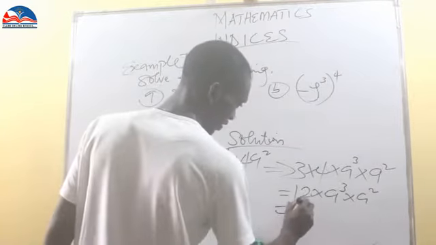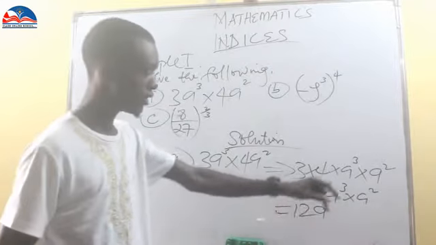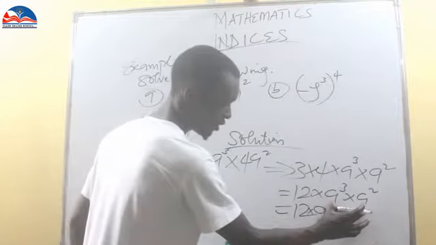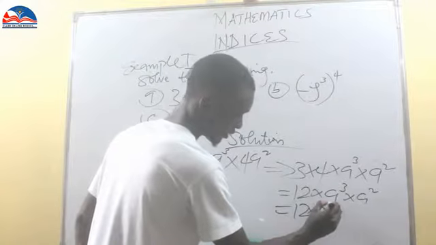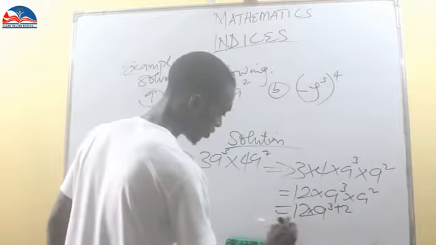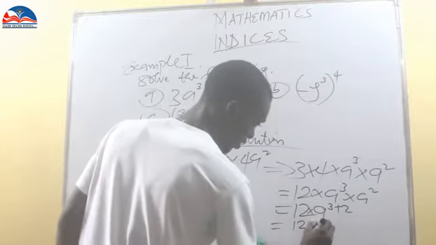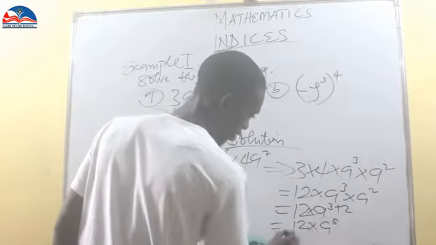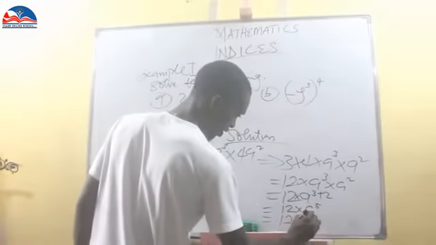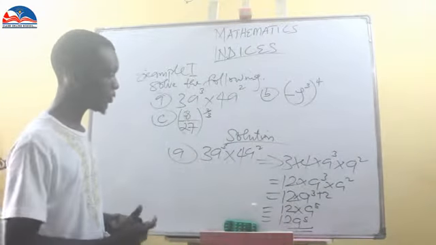This gives us 12 times a index 3 plus 2, from the first law. 3 plus 2 gives us 5. So we have 12a index 5. Very simple.